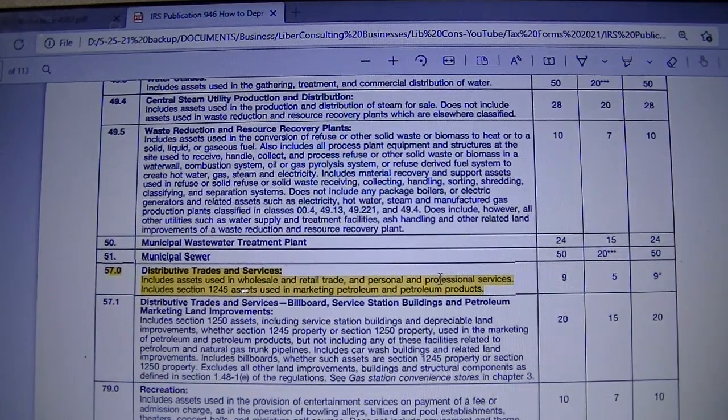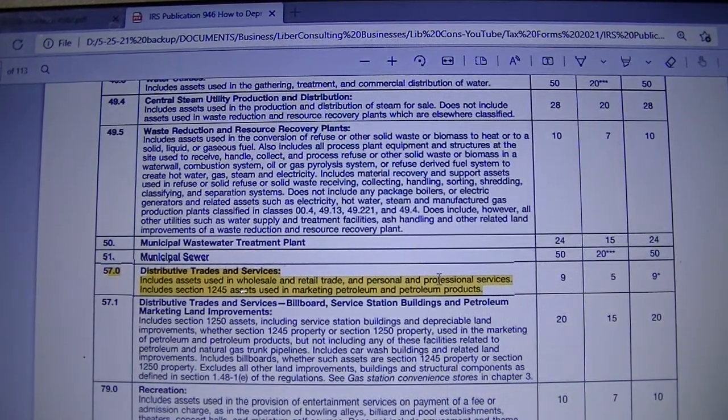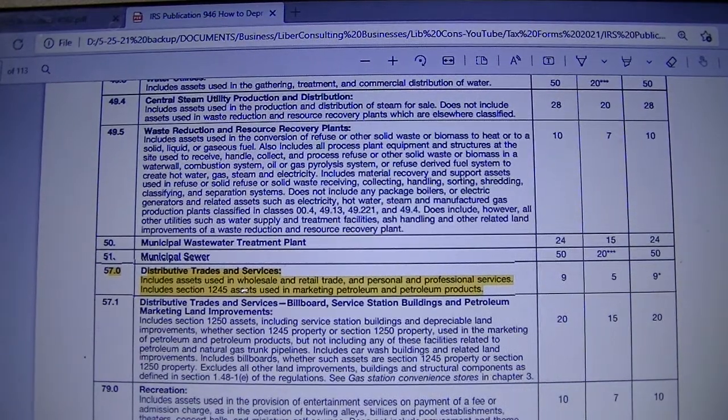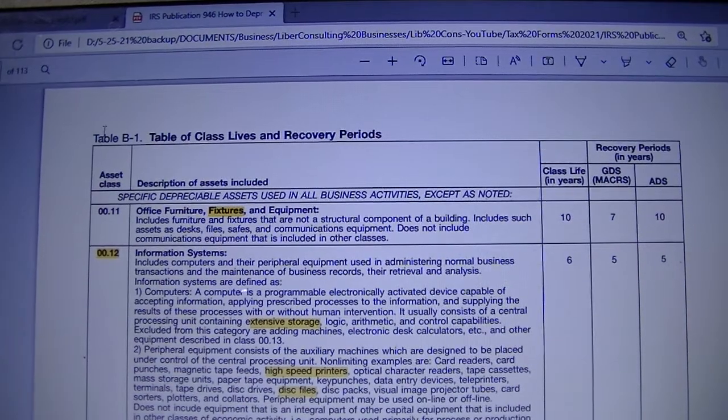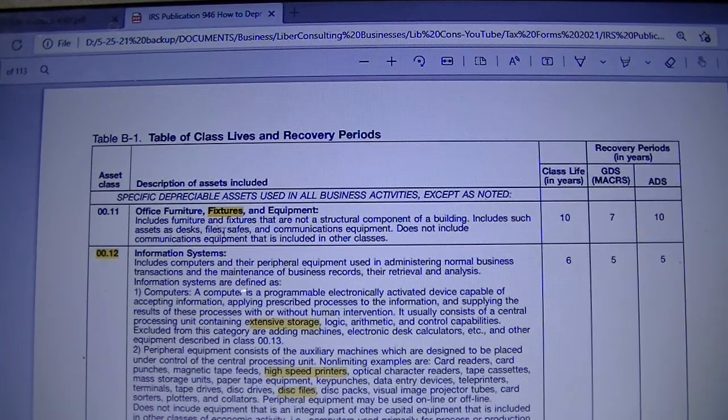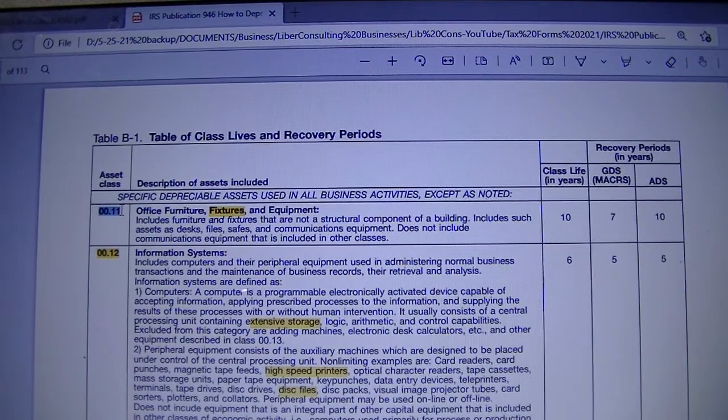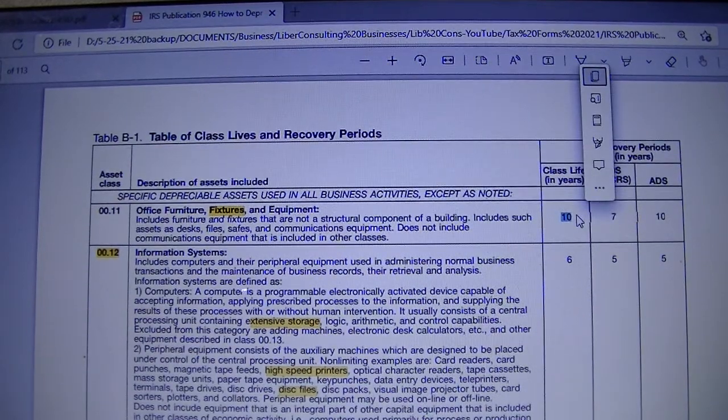Therefore, we will go back to table B1 to read it again to make sure we have the lights in the list, and we do. Therefore, we'll use asset class 00.11 and we'll use the class life of 10 years.